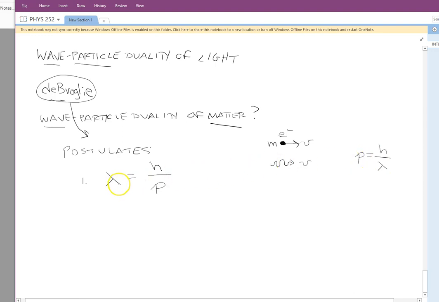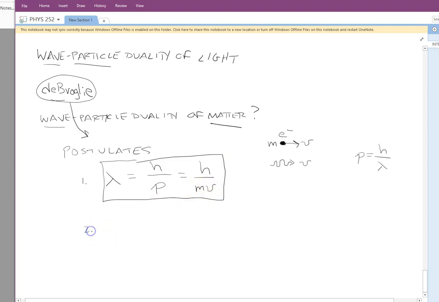So you can find the wavelength of a matter particle by taking Planck's constant over its momentum, and we know how to find its momentum. I'm not assuming relativistic mechanics here. We won't for this part of the course. So here's how you would find the wavelength of a matter particle: Planck's constant over mv, the momentum.